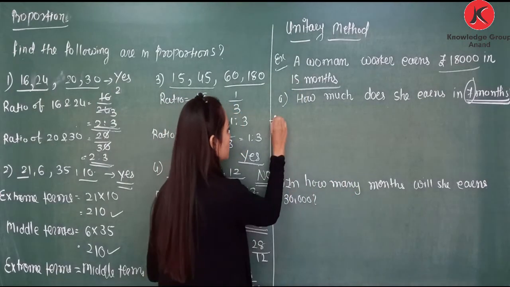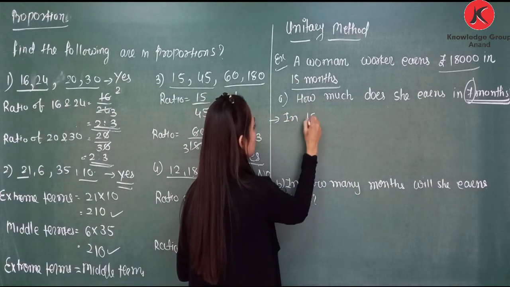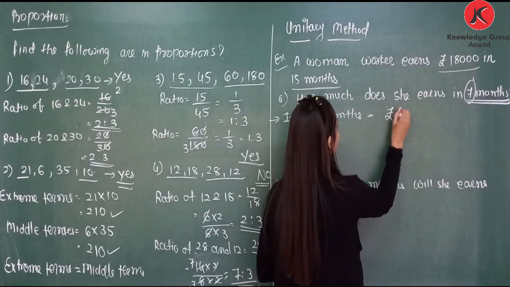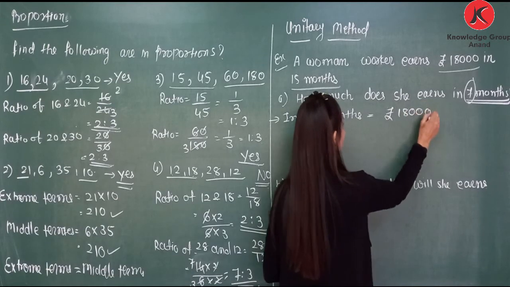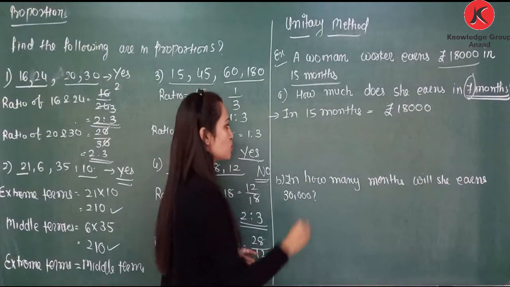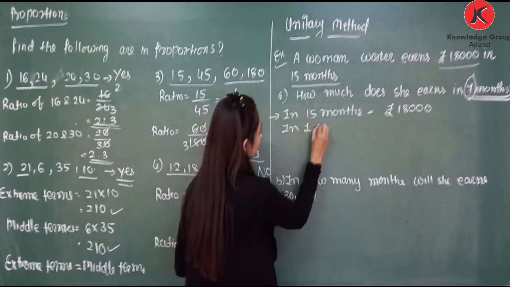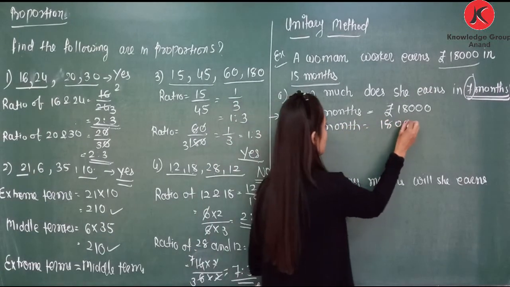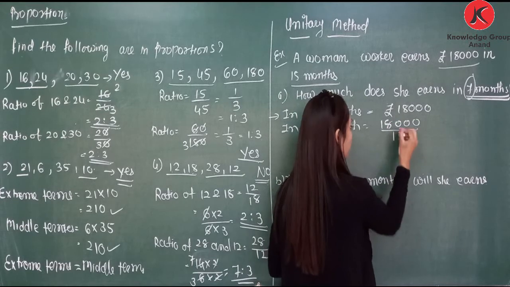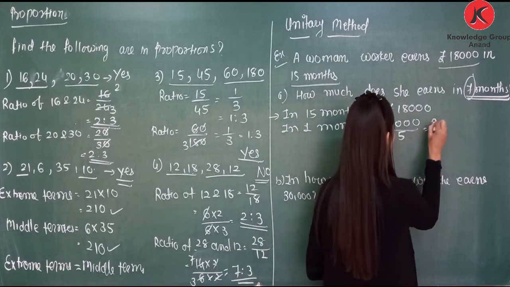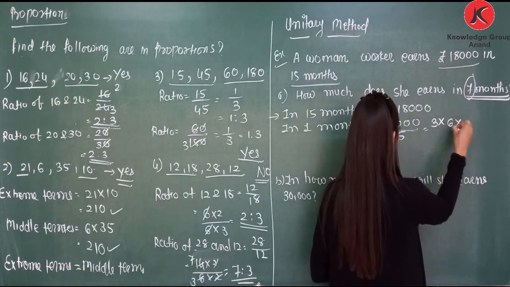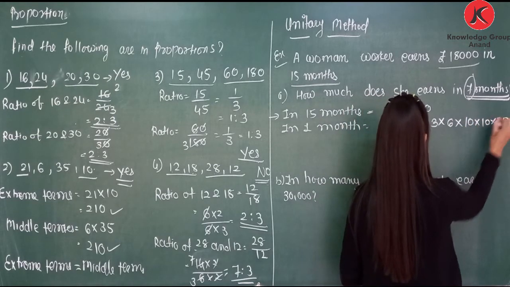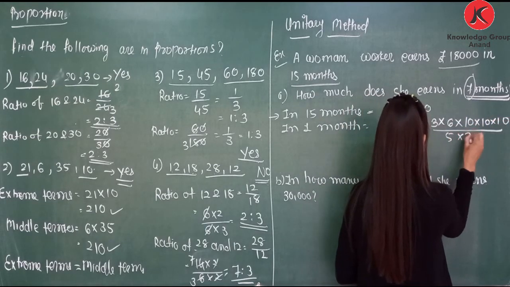So we can write, in 15 months, rupees 18,000 earned by the woman. So in 1 month, 18,000 divided by 15. 3 6s are 18, 10, 10, 10. 5 3s are 15.